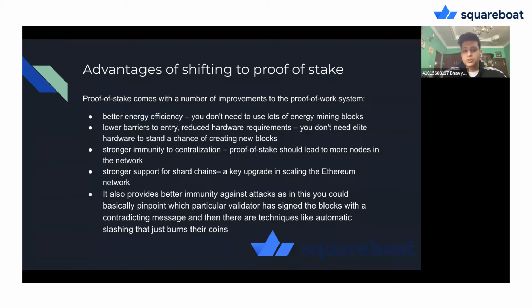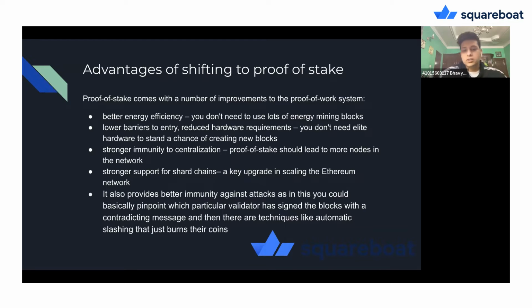So we have to shift to proof of stake, because it doesn't require a lot of energy. The other reason is that it lowers the barriers to entry, as you don't need a high tech setup to run the hashes. You don't need to get your ASIC, application-specific integrated circuits, created on which you could run it. So these are some reasons.